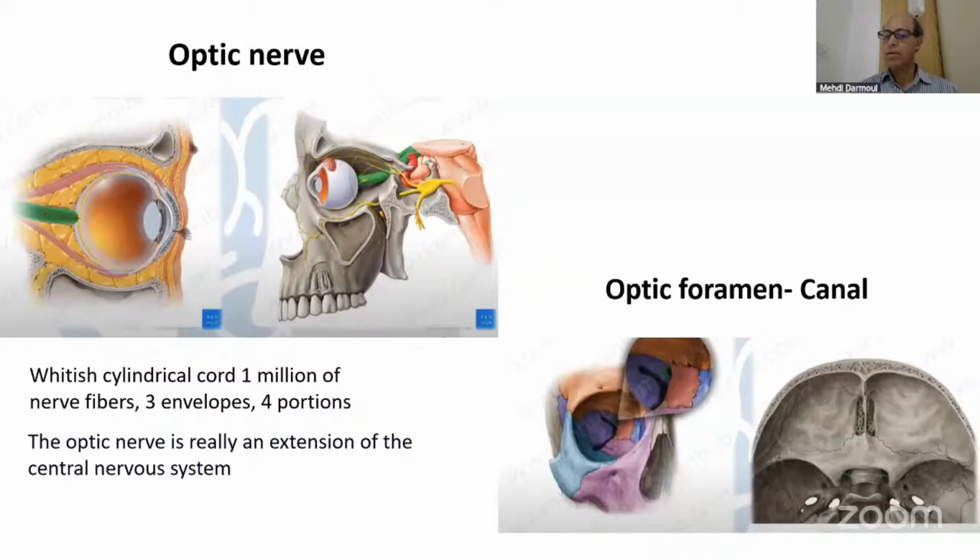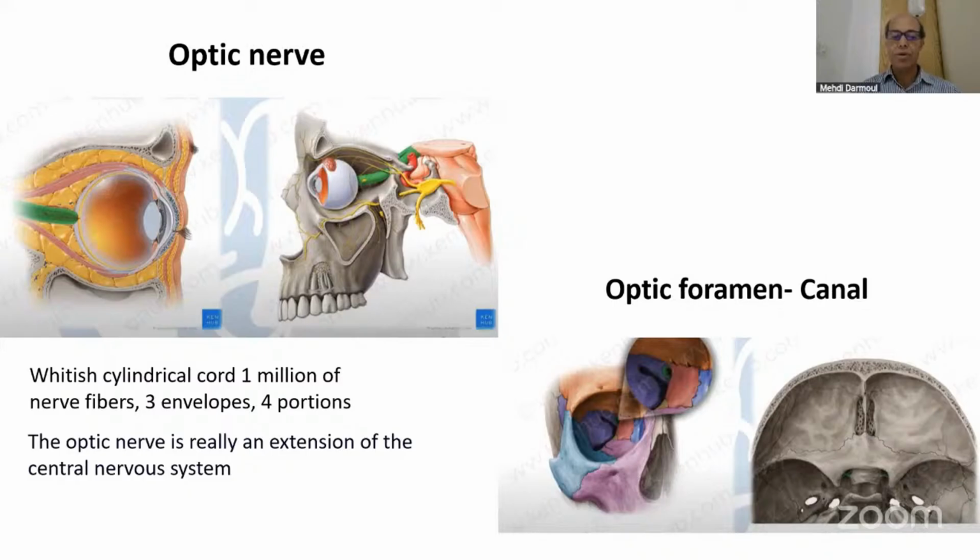Here we can see the optic nerve starting at the posterior part of the eyeball, passing through the orbit, then entering the optic foramen and continuing through the optic canal to reach the middle cranial fossa.